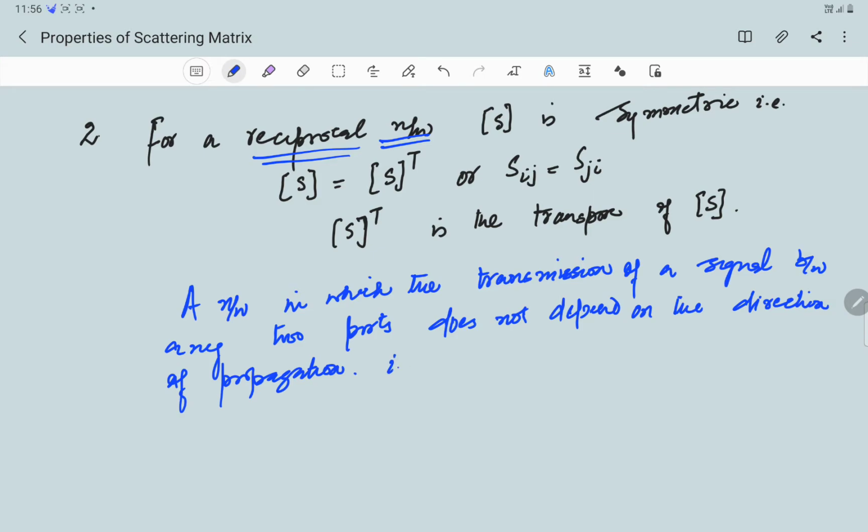That is, input and output ports are interchangeable.